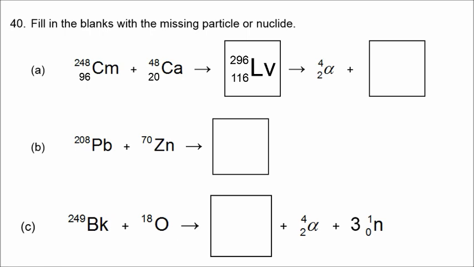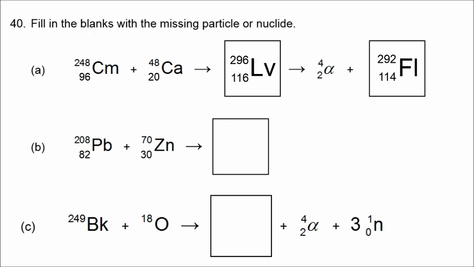So that is livermorium, Lv. After giving off an alpha particle, we have 292 over 114. This is flerovium, Fl. In our next example, the atomic numbers of lead and zinc are 82 and 30.